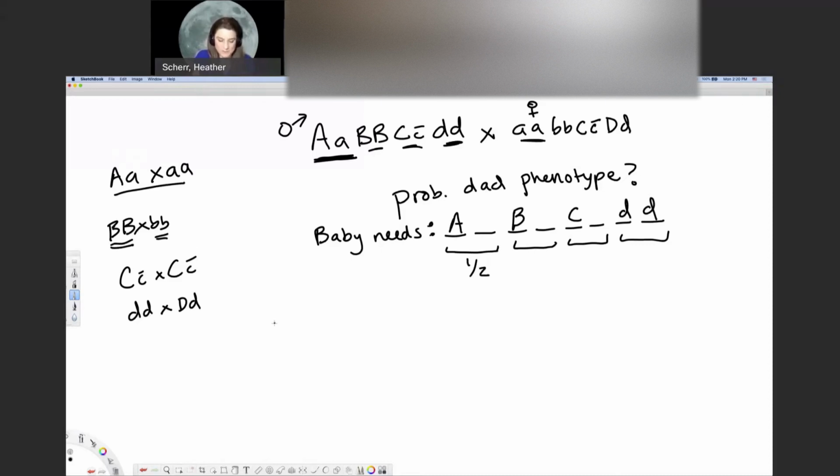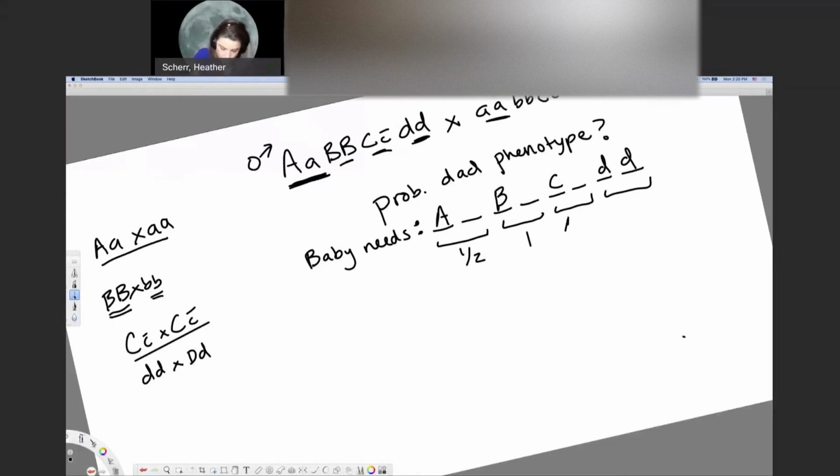So period, end of story, every baby is going to be heterozygous, because that's the only option. Yep, so that would be 100% chance. With a dihybrid cross to get one big C, that's the 3. Wow, okay.